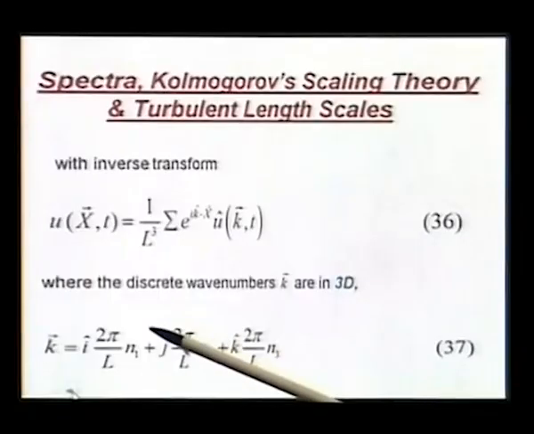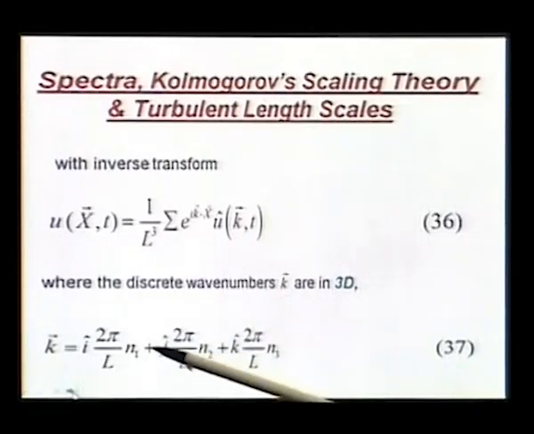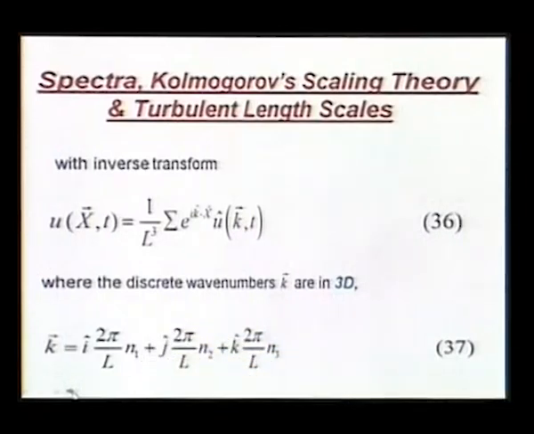And the fundamental is given by 2 pi by L. So, I have it in the i direction, in the j direction, in the k direction, x, y, z directions, and subsequent harmonics will take different values of n1, n2 and n3.